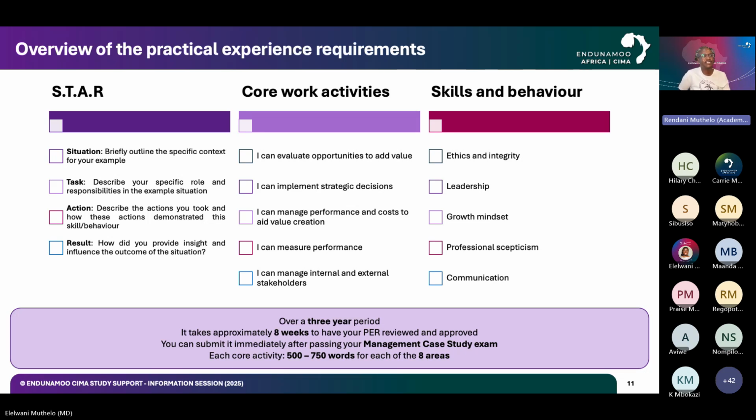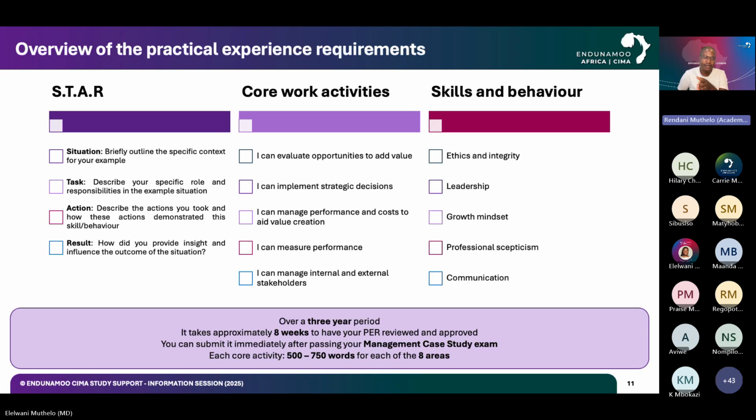The result was that I was able to report back to the board on whether this was profitable or not. And at the end, this product needed to tweak this and this in order to remain profitable. So that was the insight and the influence that I contributed into the outcome. That is the kind of explanation that they want when you prepare this experience of yours, but 3 out of the 5.